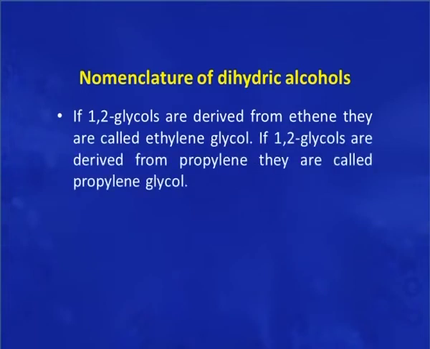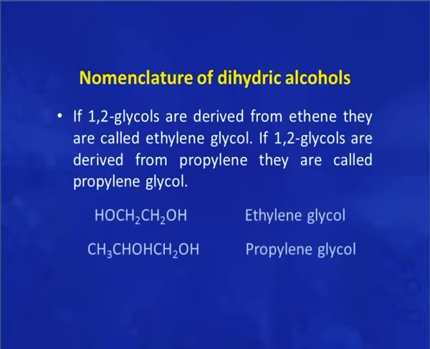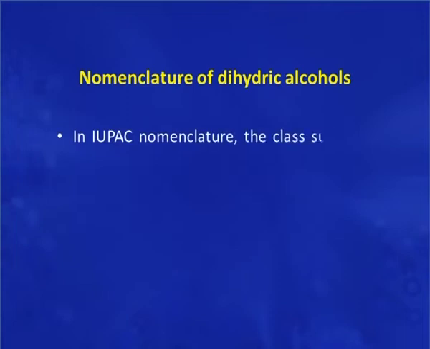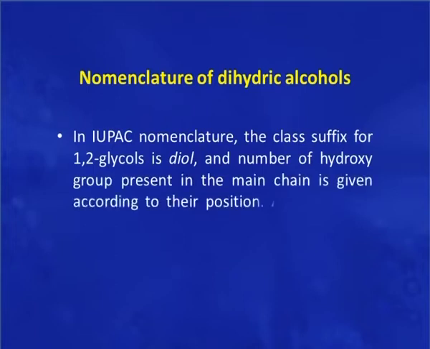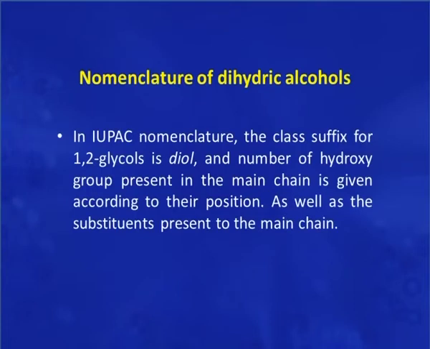If derived from propylene, the final molecule is propylene glycol, but this is the common name given to alpha glycols. In IUPAC nomenclature, the class suffix for 1,2 glycols is diol, and the positions of the hydroxy groups in the main chain are given, as well as the substituents present therein.